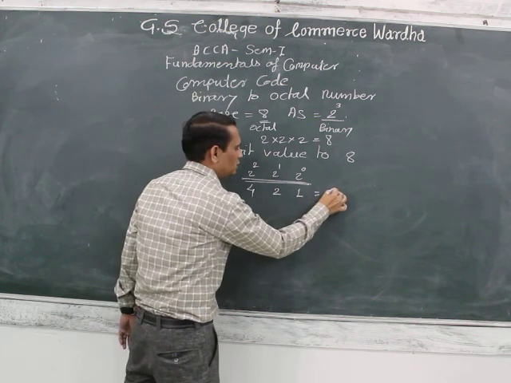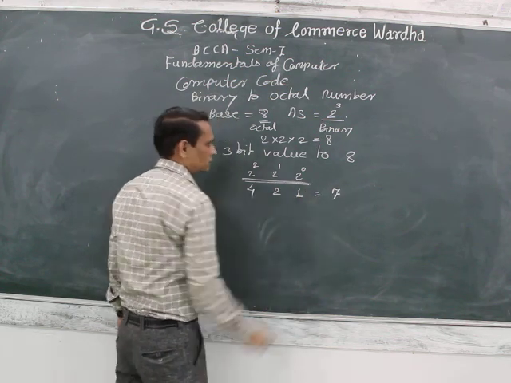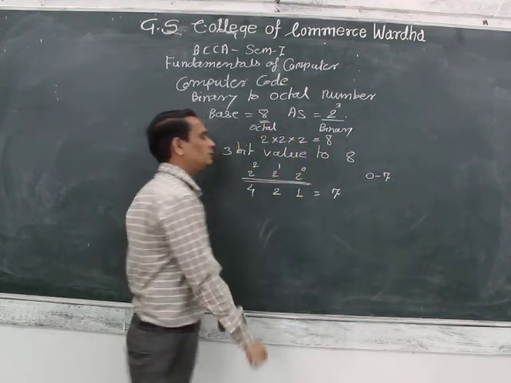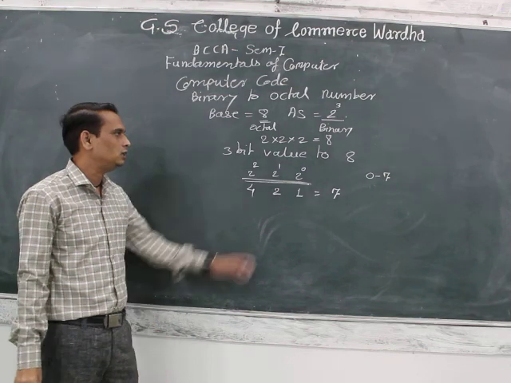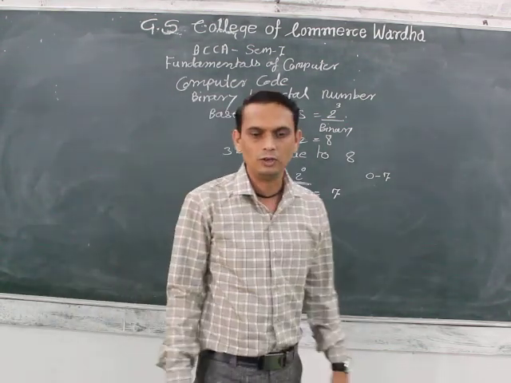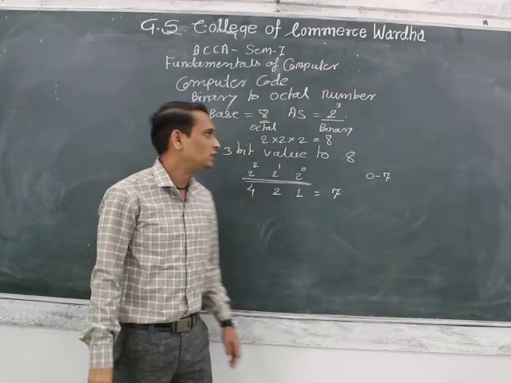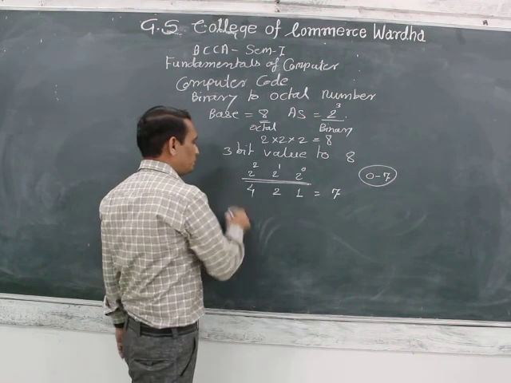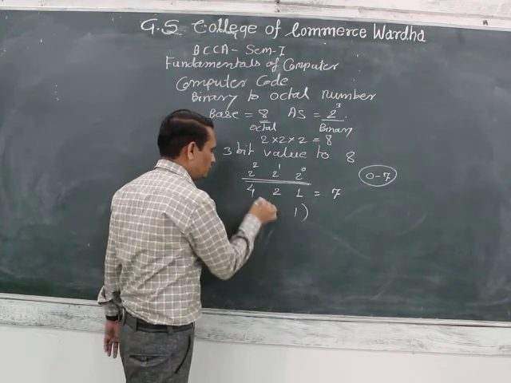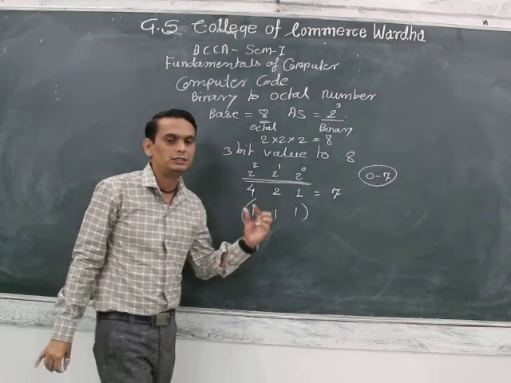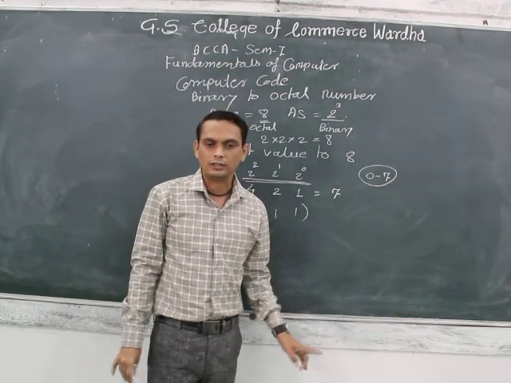It creates the 7 and it represents 0 to 7. Because octal number system has a base value of 8 and it includes 0 to 7. So the binary value of 3 bits represents an octal number.